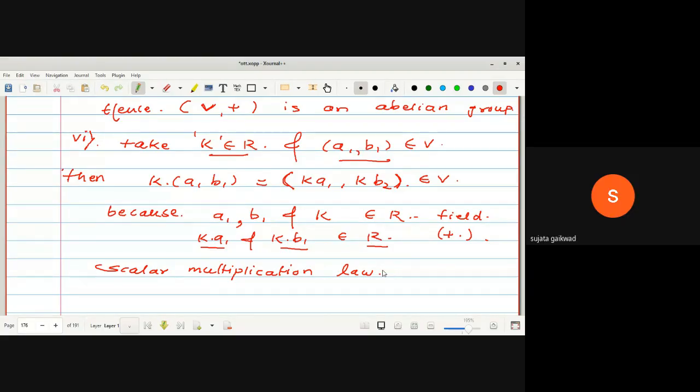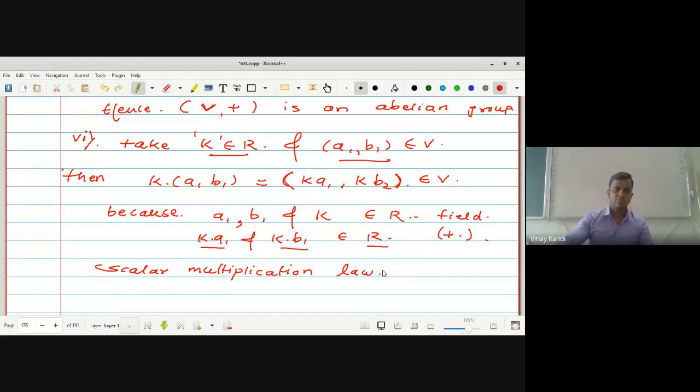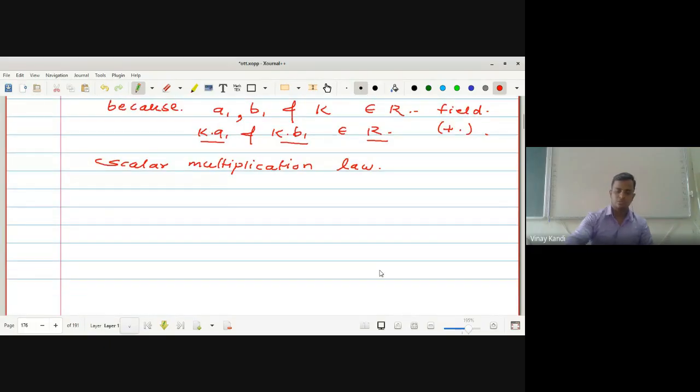Okay, any doubt up to here? No, sir. Okay, now the next property is the seventh property. What is the seventh property? The multiplication by a scalar is distributive over addition.